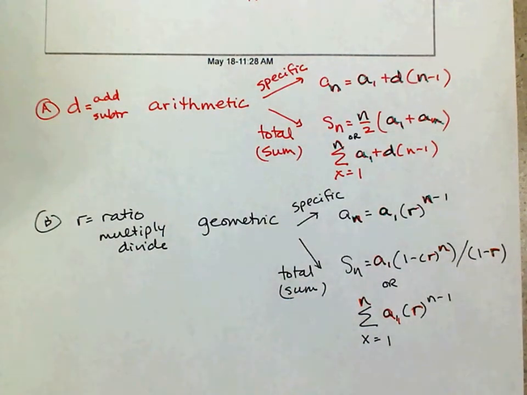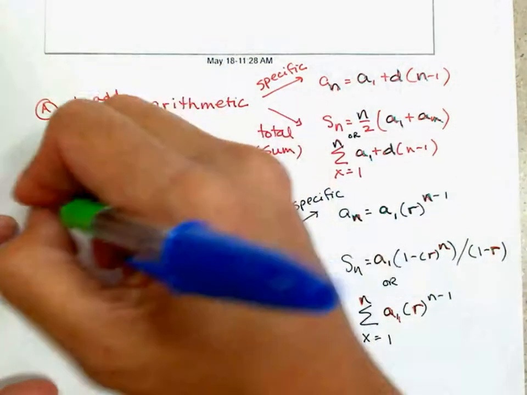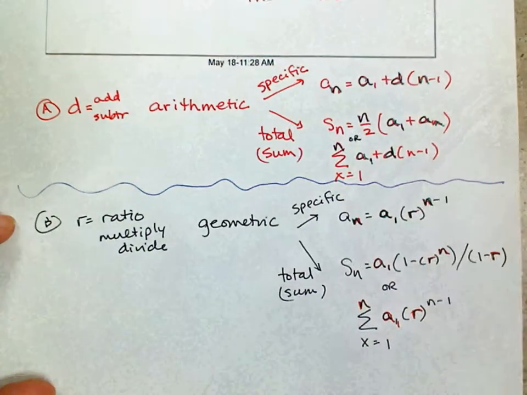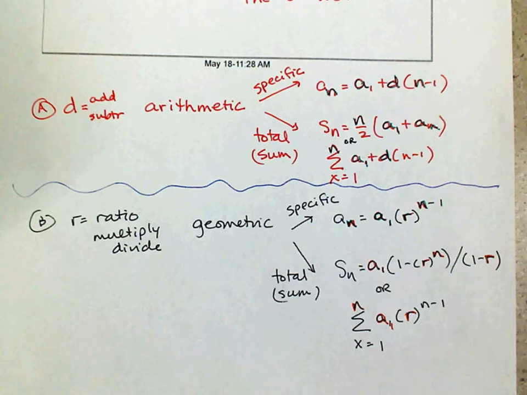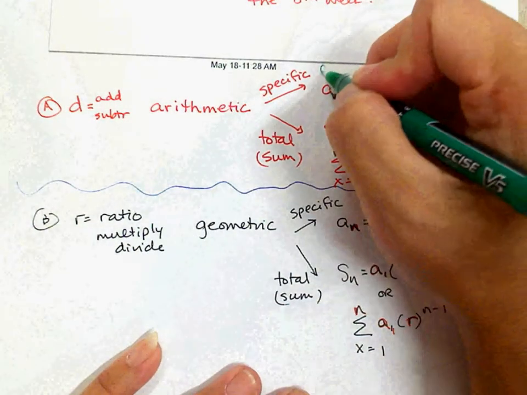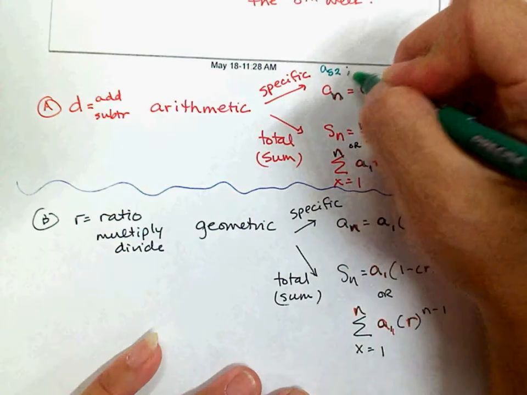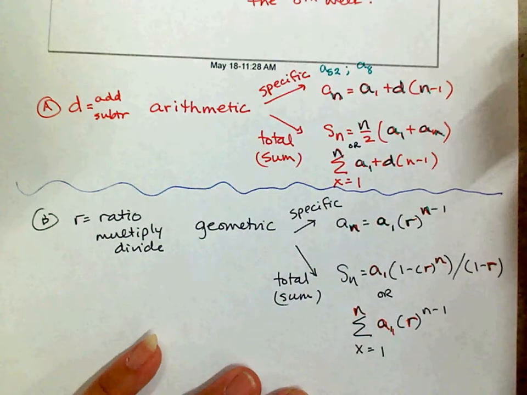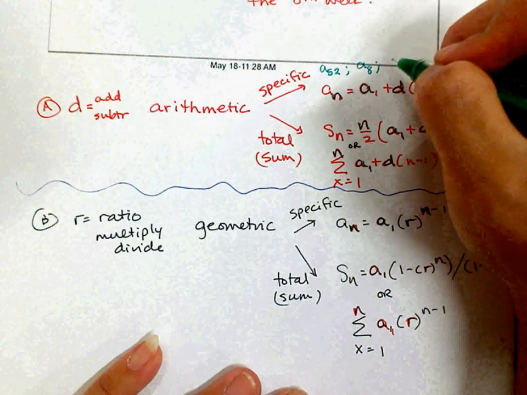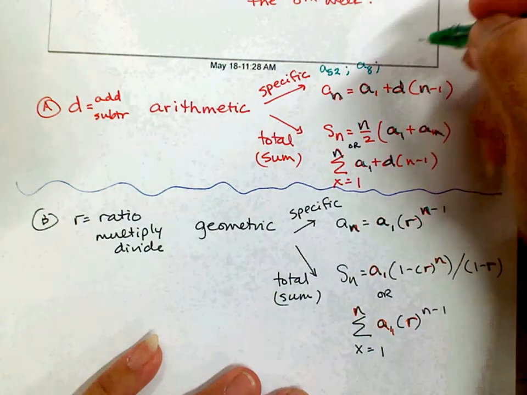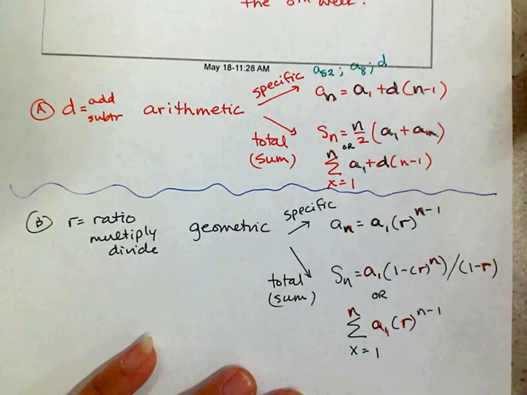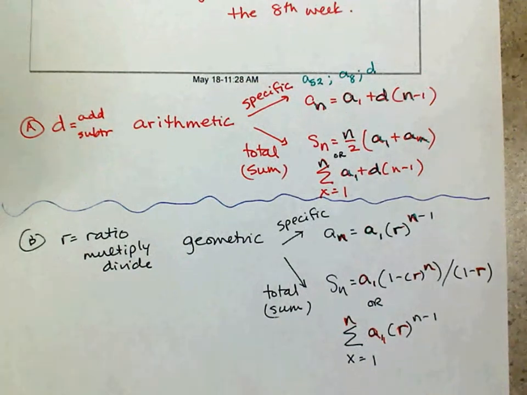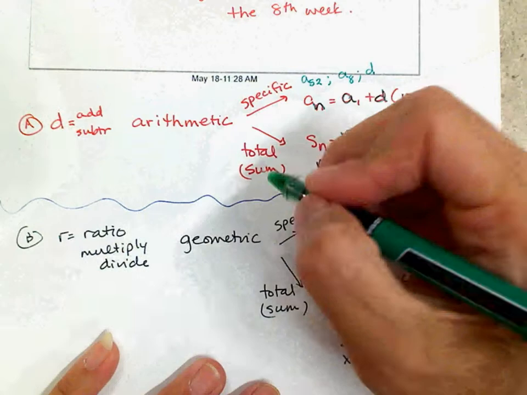your formulas, okay? And when I say something specific, I'm talking about maybe if you're looking for the 52nd term, you're looking for the 8th week, you're looking for trying to find D. It tells you the beginning, the end, and how long did that take, for example. Here it's like a total, the sum, all, any of those you will always use your summation.